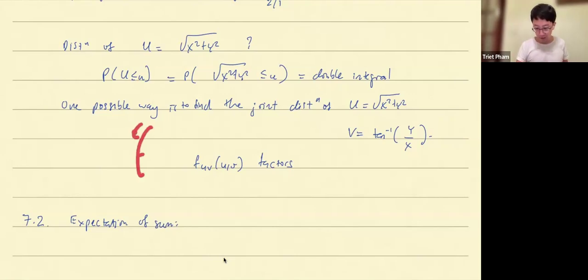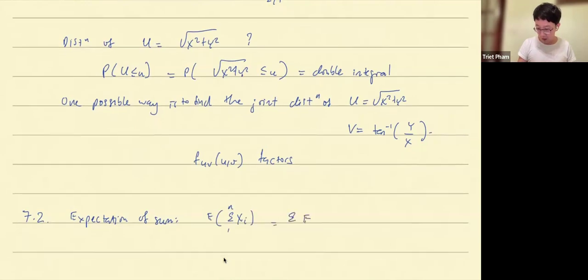Unlike this problem, which has a bunch of calculation, the only thing we need to say is that expectation of a sum is a sum of expectations, as long as it's finite. It doesn't matter how the Xi's behave. Independent or not, doesn't matter. So that's the beauty of it.